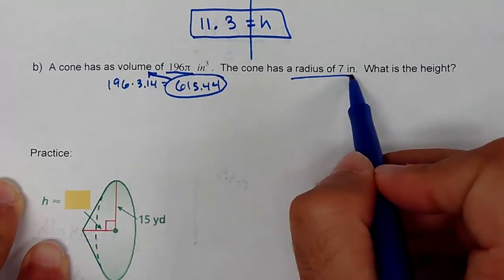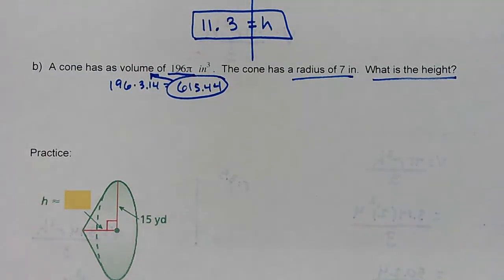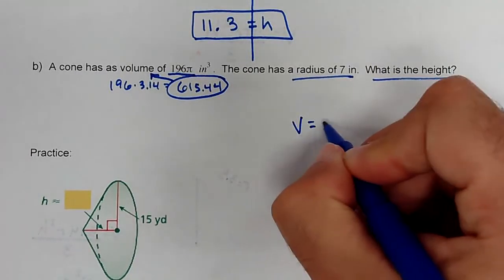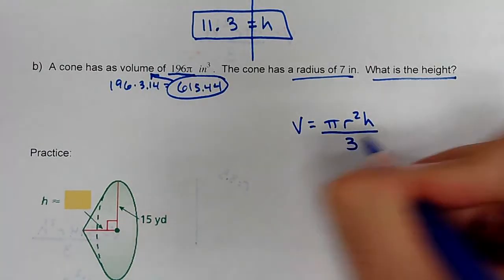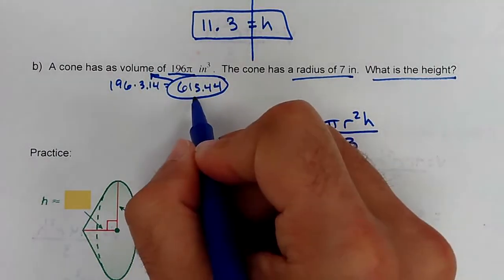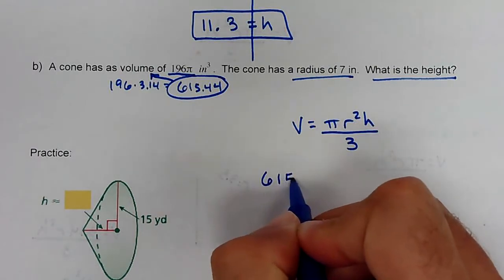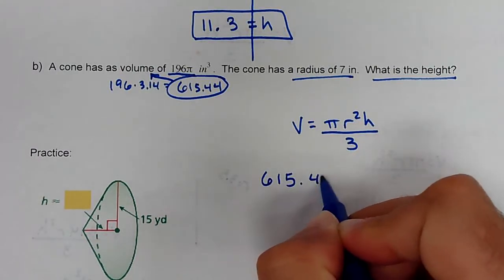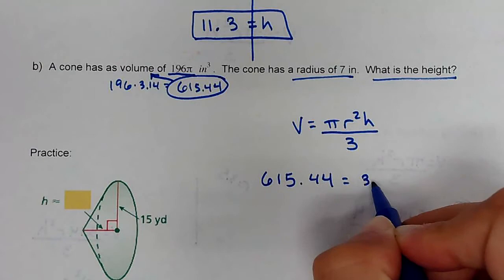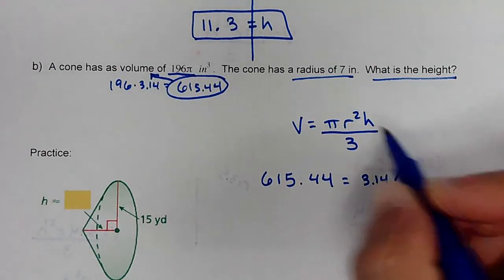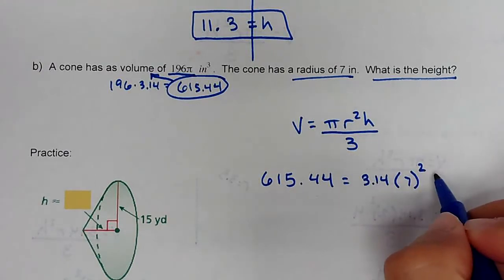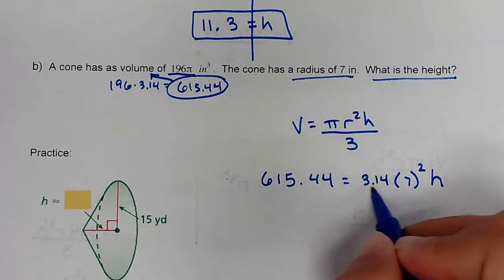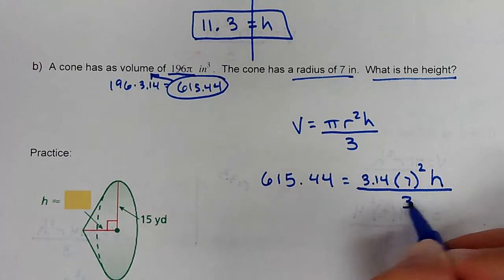We know the radius, we're looking for the height. Volume equals pi r squared h divided by 3. I'm using that 615.44 number. So 615.44 equals 3.14 times my radius squared times my h, I don't know, divide by 3.